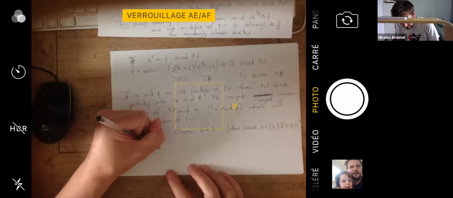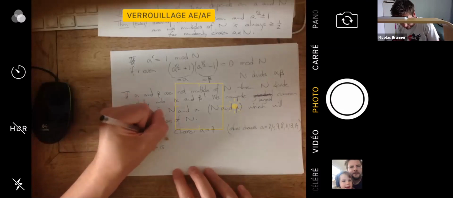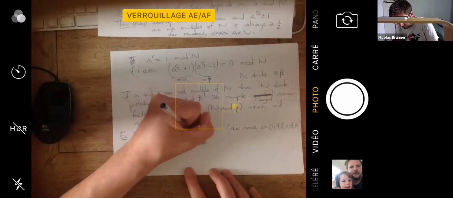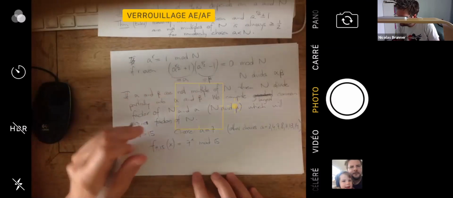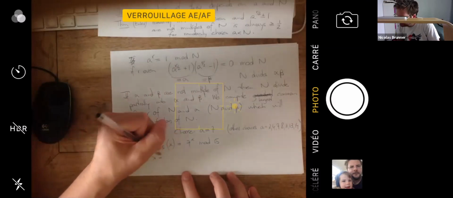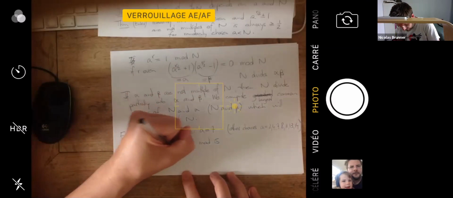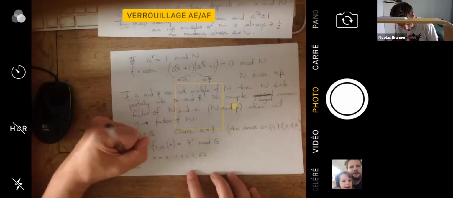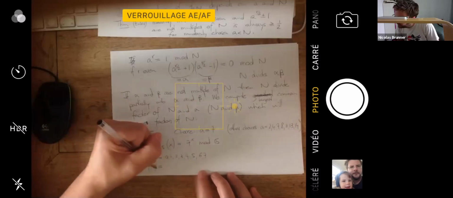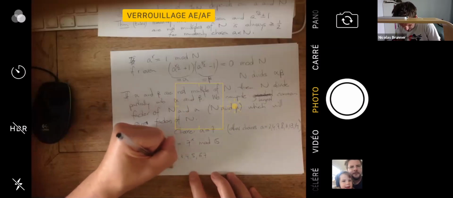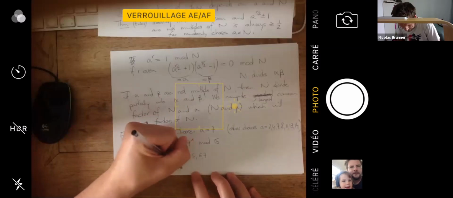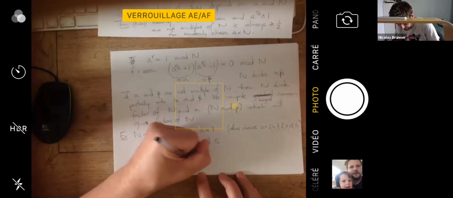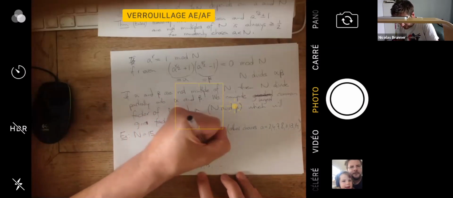So here is our function, f of 7, 15 of x, which is 7 to the power x mod 15. If I pick x equal 0, 1, 2, 3, 4, 5, 6, 7, I can calculate f of x, which is 1, 7, 4, 13, and then it starts again: 1, 7, 4, 13, and so on.